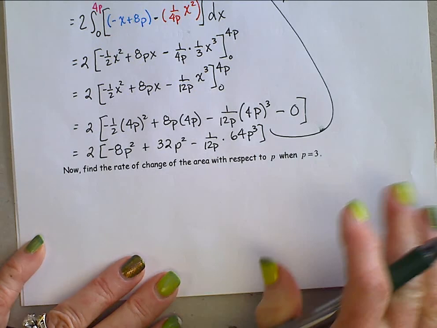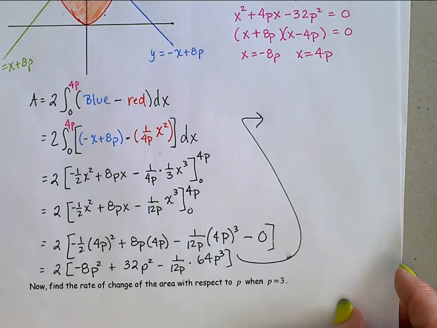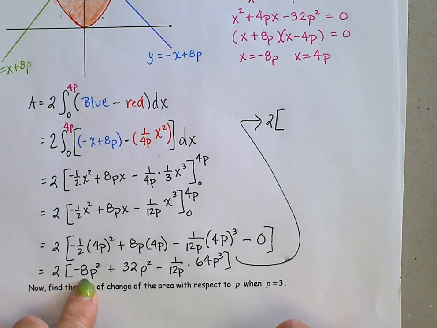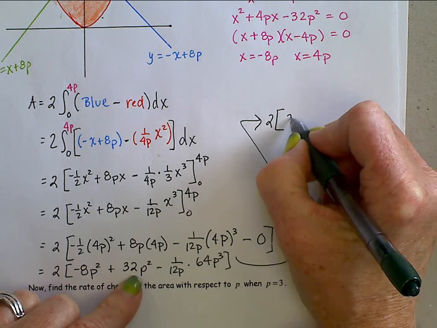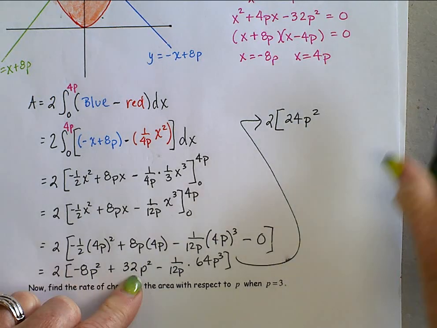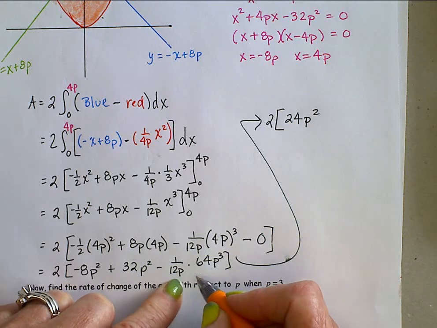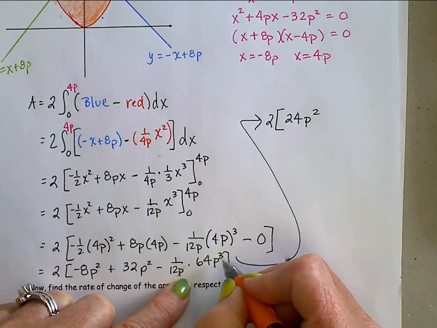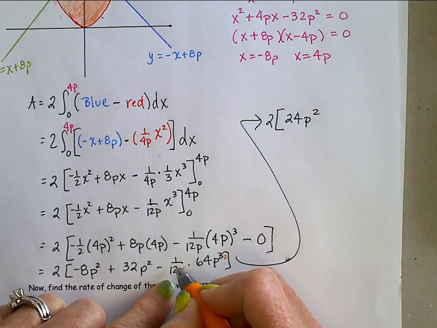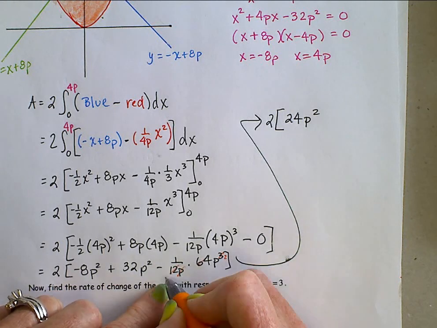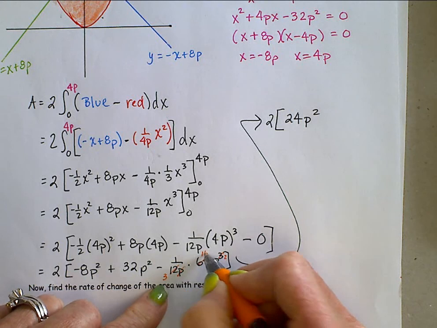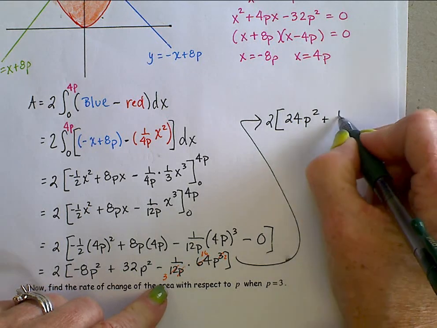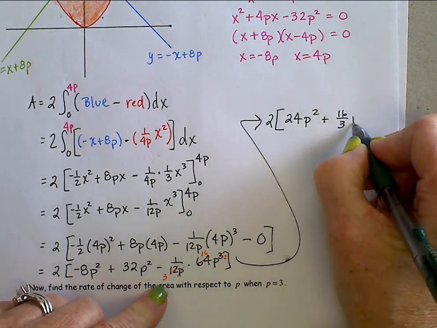All right, I can combine this negative 8p squared and this 32p squared. That's 24p squared. Then look right here. This p cancels out with one of them up there, so that's going to be a p squared. 12 and 64 we can divide by 4, which leaves us a 3 and a 16. So all together we have 16/3 p squared.